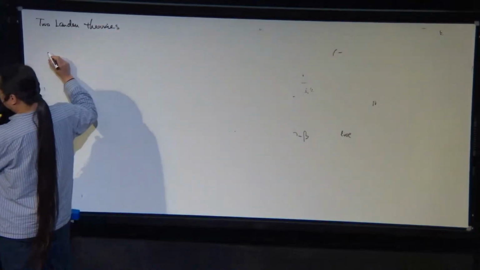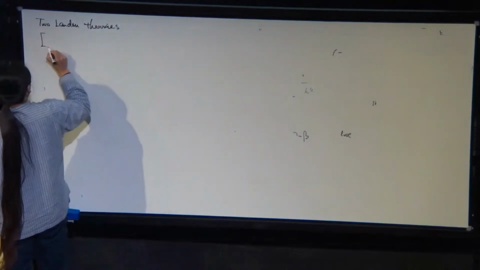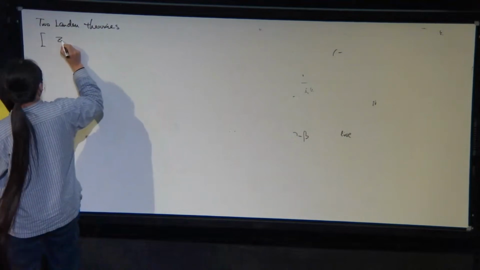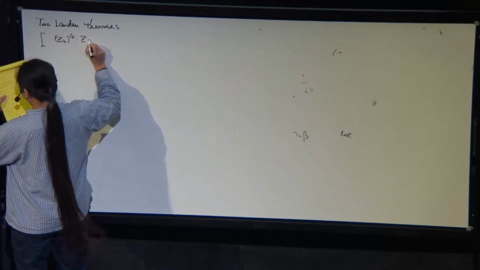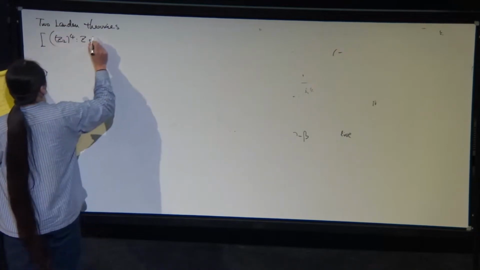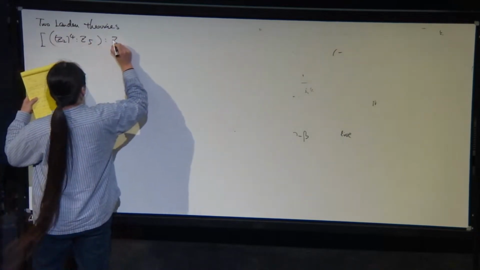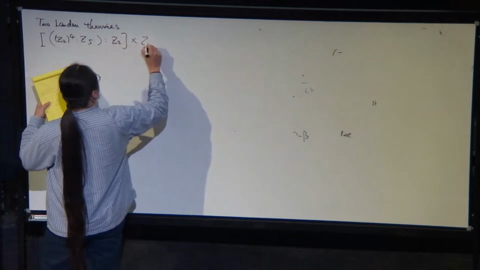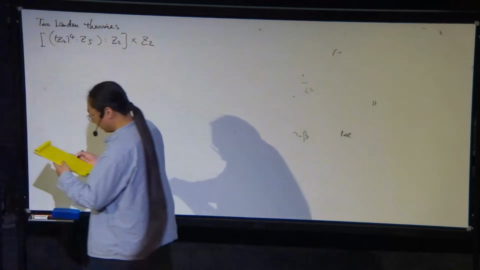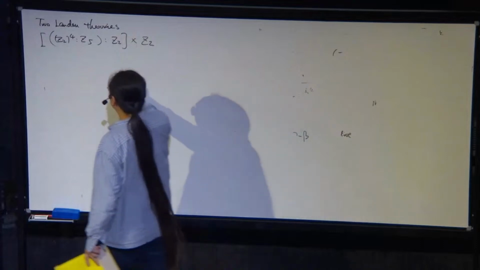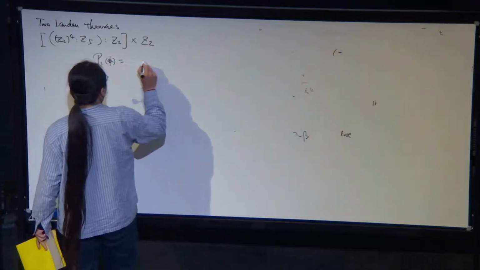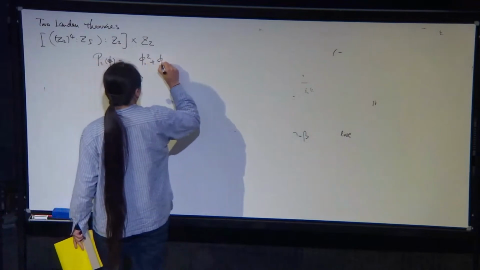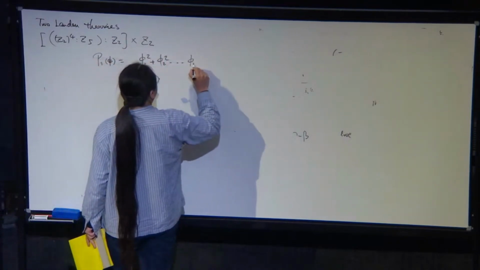The first group you need to consider is something like this. It may look abstract, but let me write down what the polynomials are. The first polynomial is basically phi 1 squared plus phi 2 squared, up to phi 5 squared.